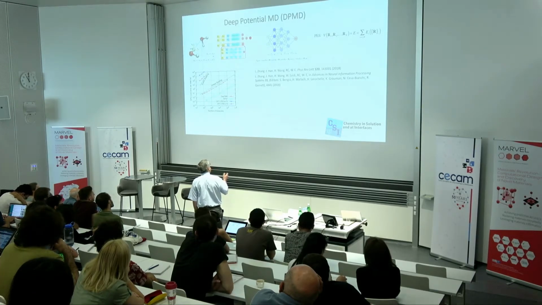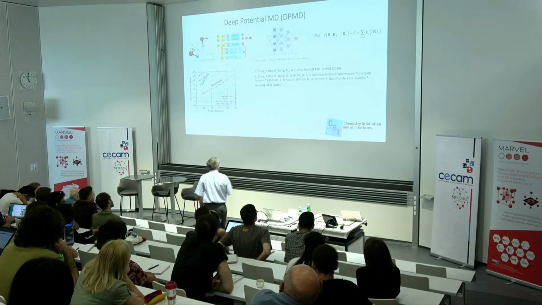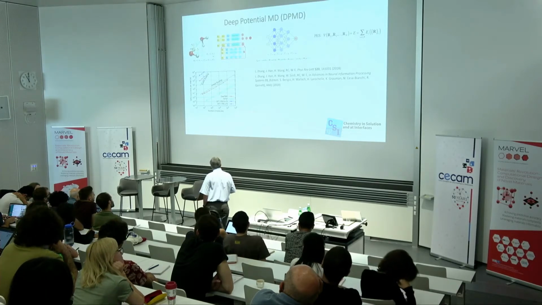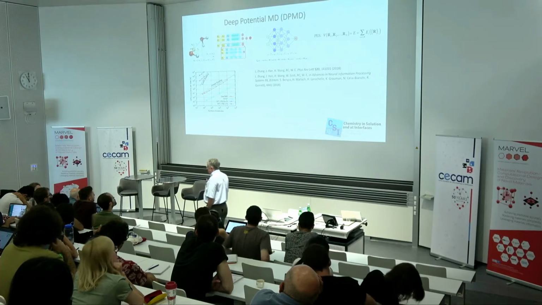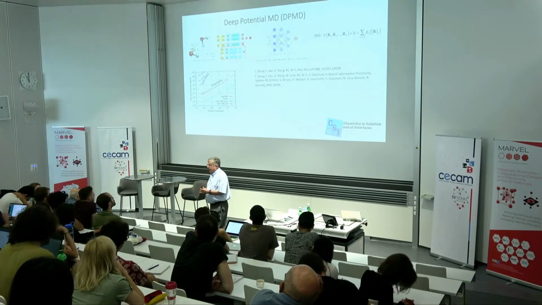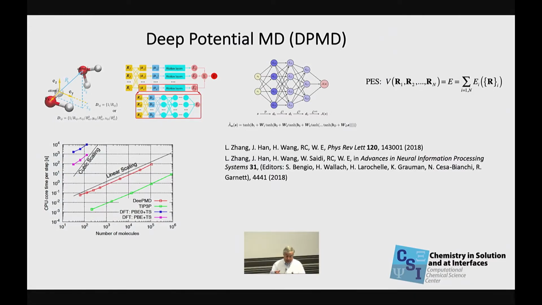I want to say just a couple of words here: in representing this potential energy surface, we have to satisfy symmetry properties of the system: rotational, translational, and permutational symmetry.